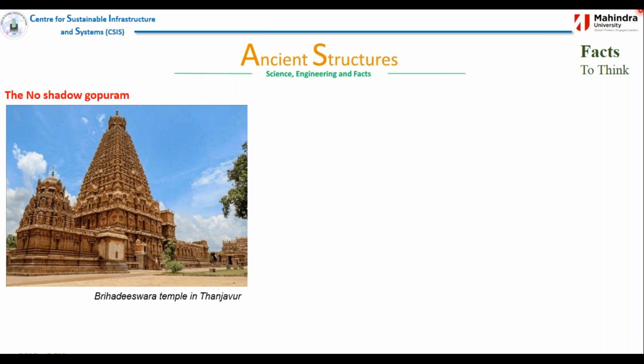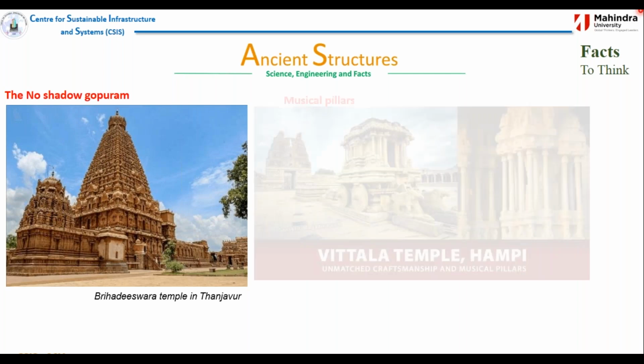And there are a lot of other temples similarly, hundreds of temples in Tamil Nadu and Karnataka, even in Andhra Pradesh and Maharashtra. A lot of mysteries remain unsolved. But very little research in India is focused on heritage structures and on understanding the science and engineering behind them. So Brihadeshwara temple is one in Tanjore.